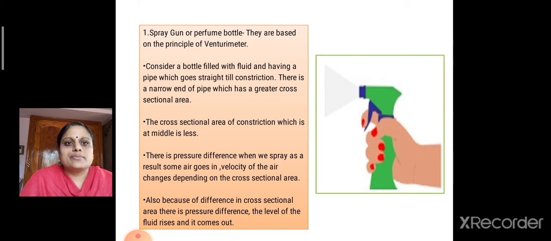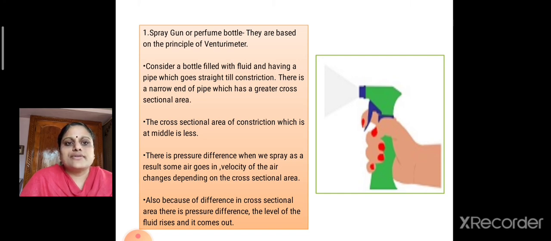This principle is also applied in spray guns or perfume bottles. Consider a bottle filled with a liquid and having a pipe which goes straight till the constriction. The narrow end of the pipe has a greater cross-sectional area, and the cross-sectional area of the constriction is less.